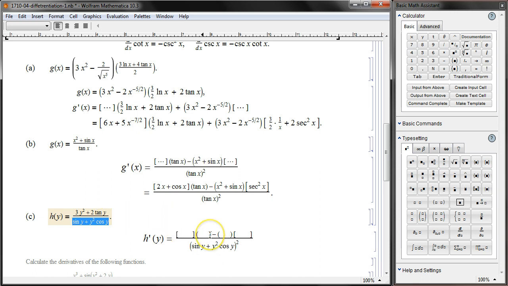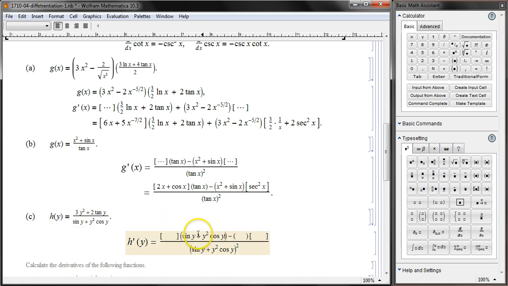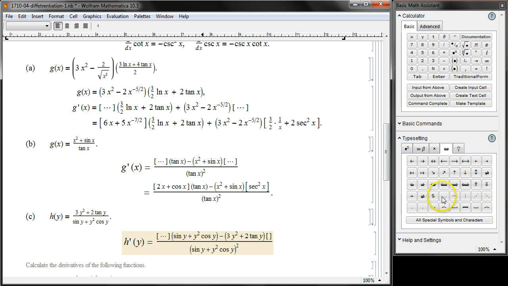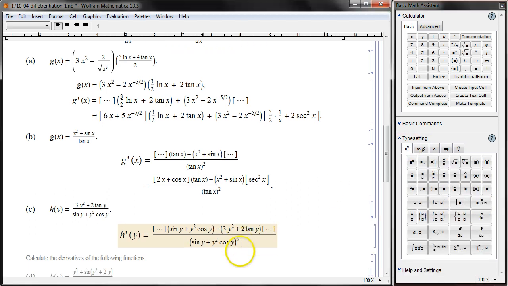That's for u prime and v, and then this is u and then v prime. Okay, alright.